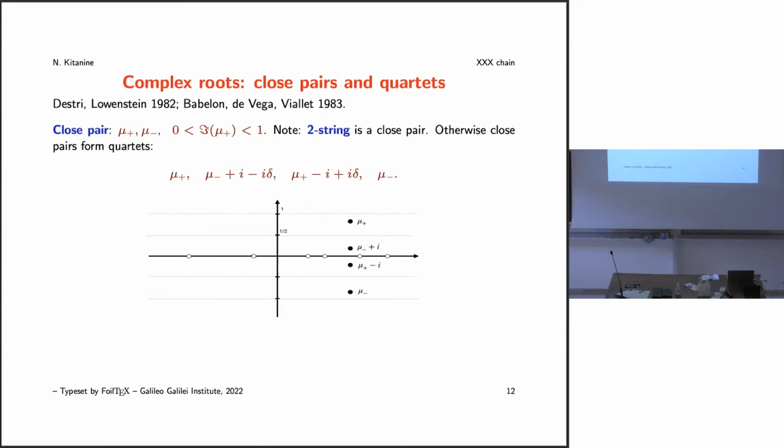Such a block is called a quartet, and it was proven by Destri and Lowenstein that complex roots with imaginary part less than 1 always form this configuration to be a solution of the Bethe equations. So there are 2 types of close pairs, quartets and 2-strings, because for a 2-string the imaginary part is 1/2, so it's also a close pair.